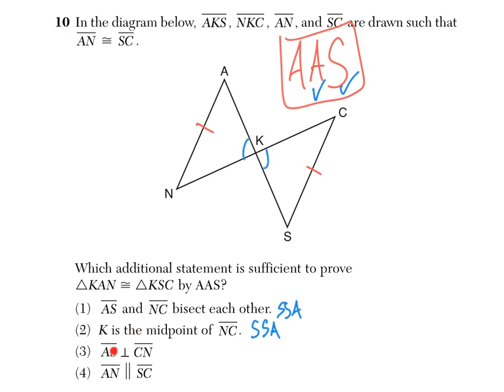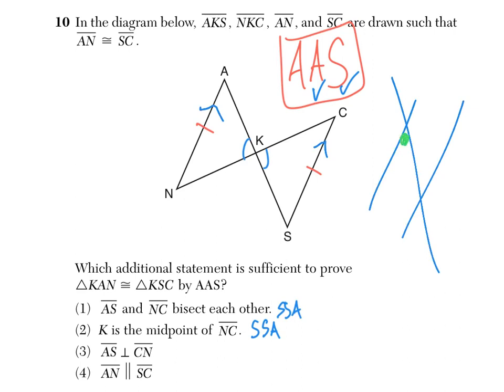But when we check option 4, it says segment AN and SC are parallel to one another. So I'm going to mark that up on our diagram. And I can see that if these are parallel, we've got parallel lines, and if they're cut by a transversal like we have right here, I recall vividly that alternate interior angles are congruent.